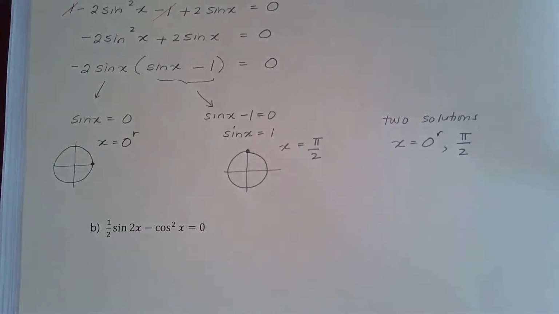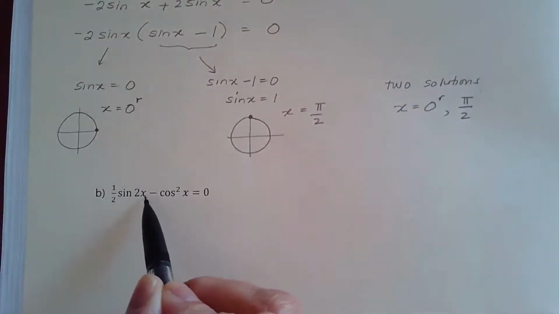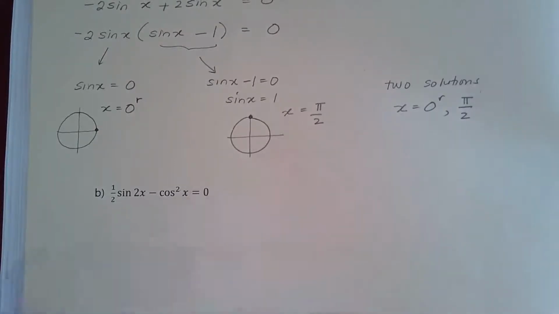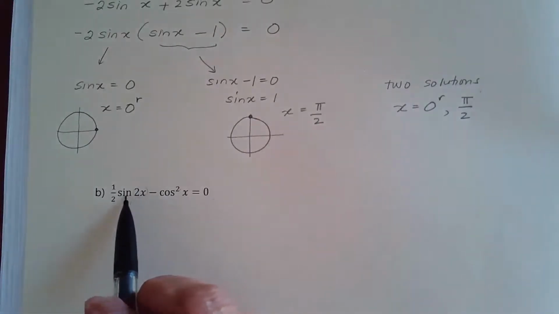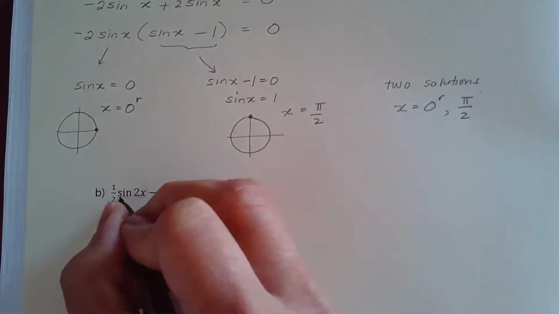Okay, now let's take a look at this part in here. A half sine 2x minus cos squared of x equals 0. Because this is 2x, we can use the trig identity for the double angle. So how can we replace this part?